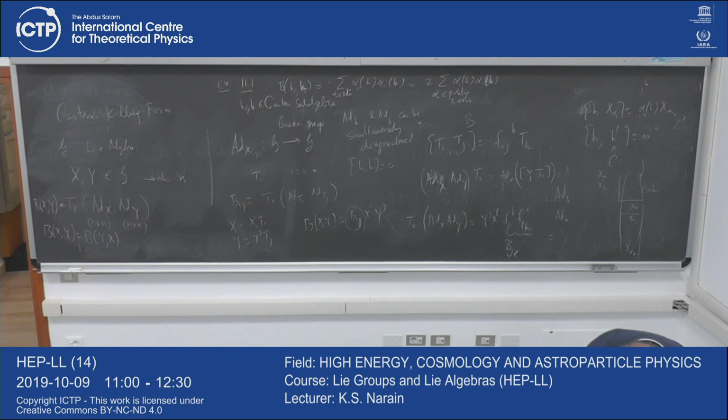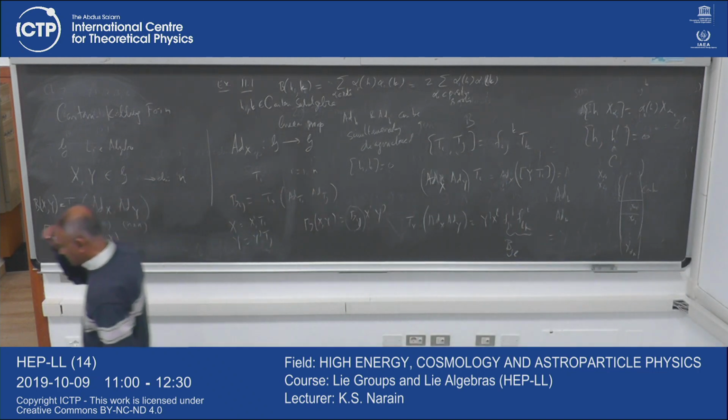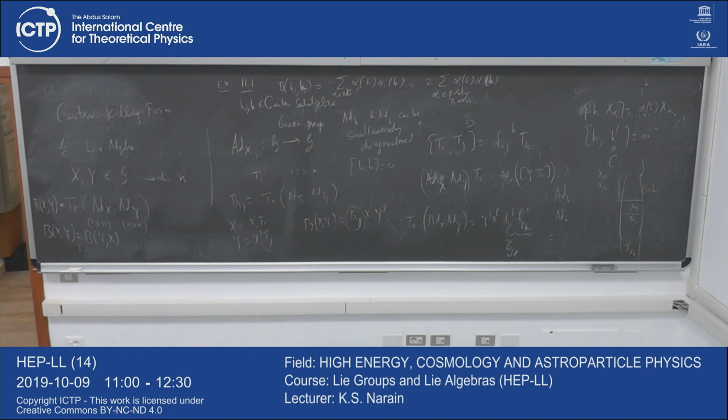So what is nice about this definition? This definition is nice because let's suppose there are some symmetries which act on the Lie algebra, some kind of automorphism which takes the Lie algebra to itself and preserves the commutation relations.